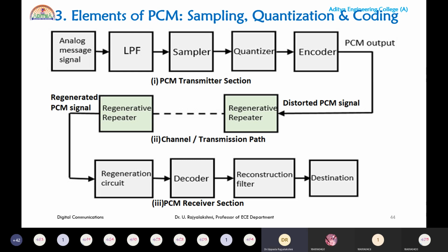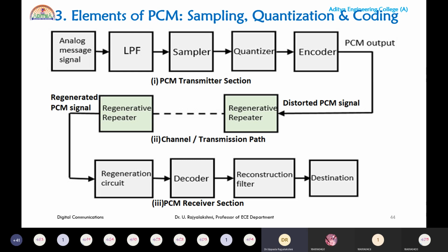We mentioned so many dots between repeater and repeater. It means that in the channel we have many regenerative repeaters. In general, if you transmit the electromagnetic wave or the PCM data into the atmosphere, we have repeaters at specified locations, where they construct or add the repeater circuit.